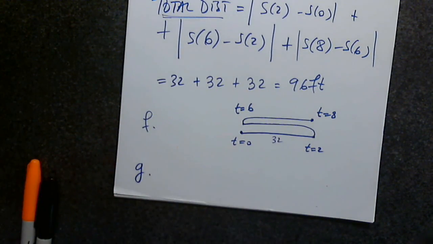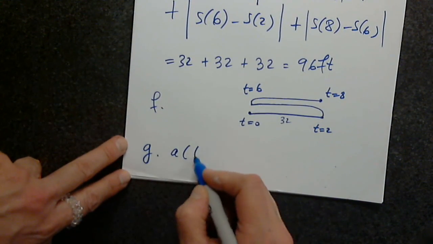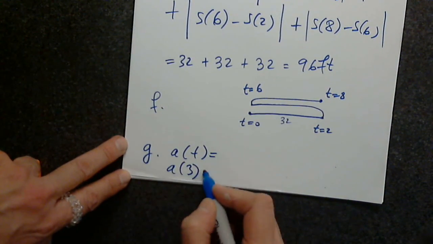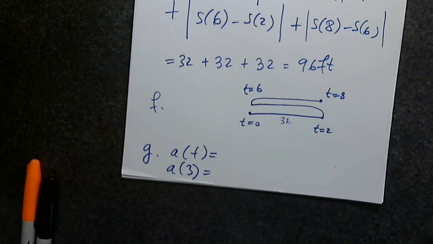Okay, G. Find the acceleration at time t and after 3 seconds. I need to find the acceleration at time t and after 3 seconds. What do I have to determine?